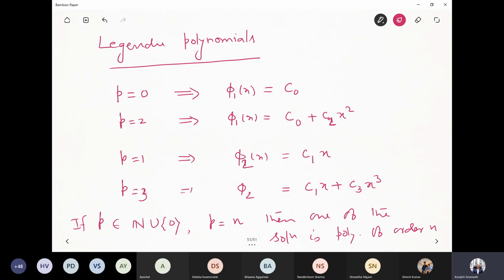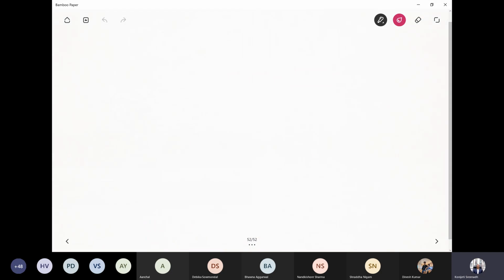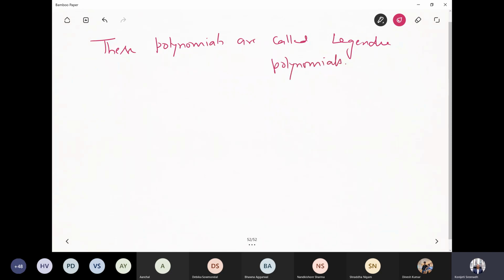These polynomials are called the Legendre polynomials. You can write them in the standard form by taking C0 equals 1 and C1 equals 1, as written in the notes.